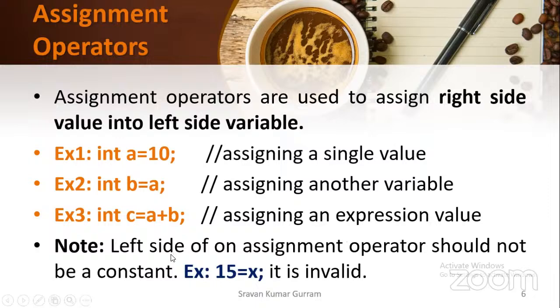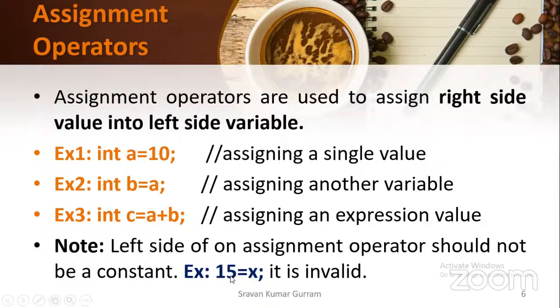This is an important part. The left side of an assignment operator should not be a constant. If you observe this, the left hand side of the assignment operator is a variable only, in example 1, in example 2, and in example 3 also. If you write any constant to the left hand side of the assignment operator, that is invalid.